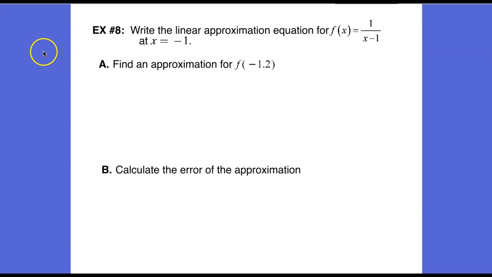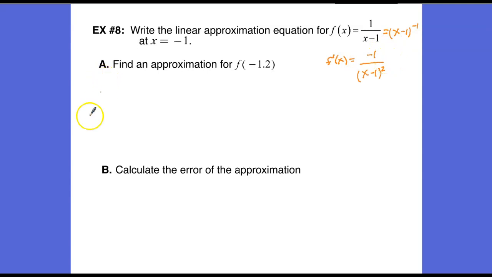at x equals negative 1. In part A, find an approximation for f of negative 1.2. Let's begin by taking the derivative of our function f of x. So 1 over x minus 1 is equal to x minus 1 to the negative 1, so that f prime of x is equal to, via the power rule, negative 1 times x minus 1 to the negative 2, and the derivative of x is just 1.